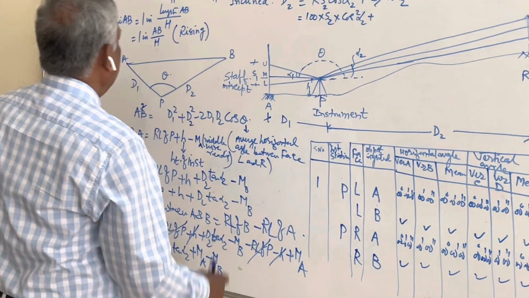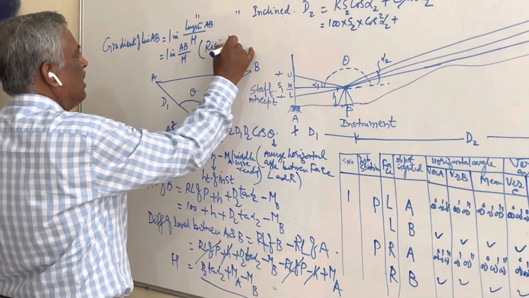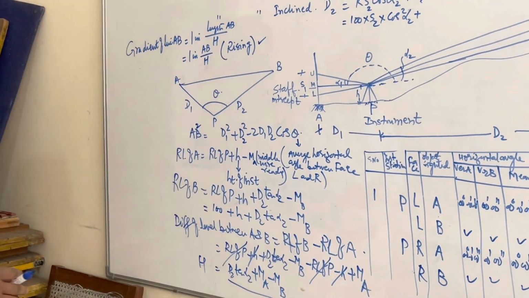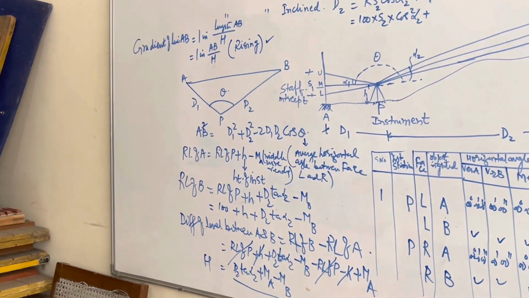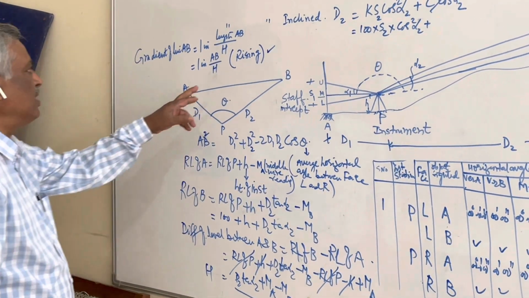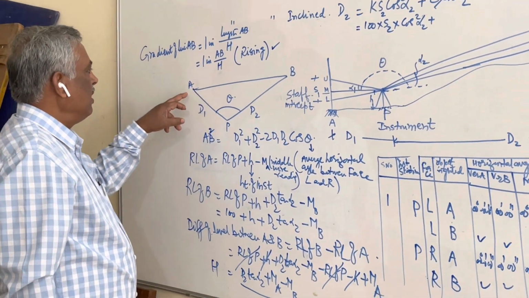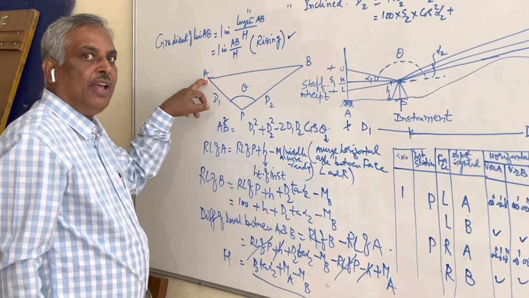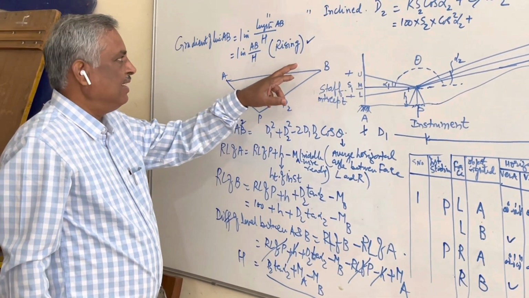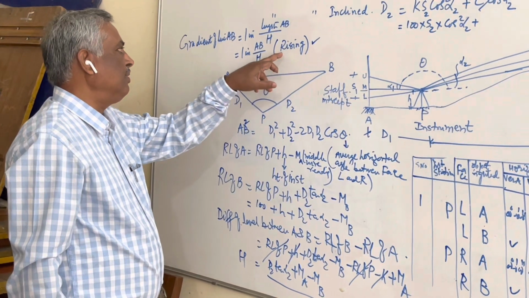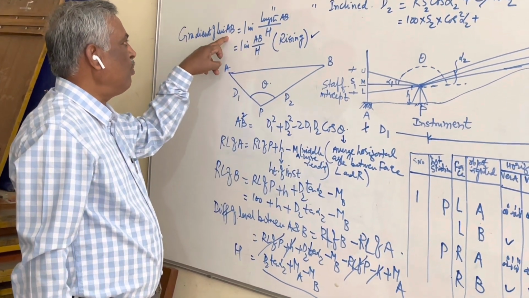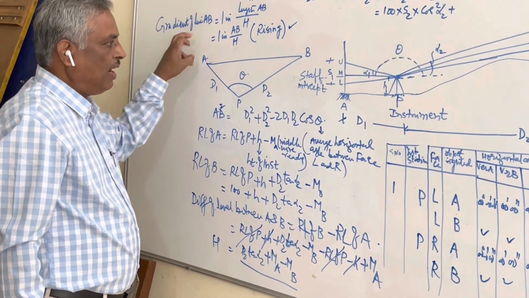In this way, you can find out. This must be written. If you are not writing this, the designer will be confused. Either the RL of A is higher or RL of B is higher. So if you are writing this, he will think that A is lower point, B is higher point. Otherwise, he will be confused.